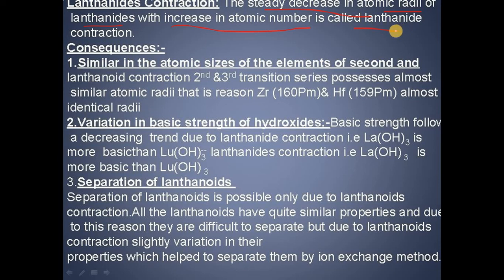Already we have seen the consequences, that is, similarity in the atomic sizes of the elements of the second and third transition series, which possess almost similar atomic radii. That is the reason zirconium 160 picometer and hafnium 159 picometer have almost identical radii.